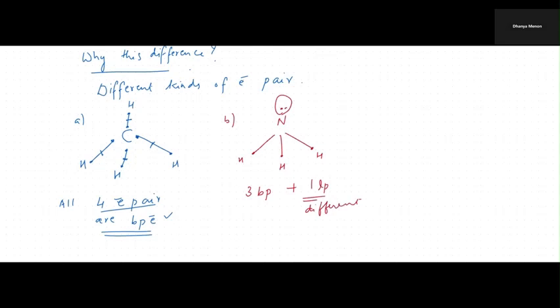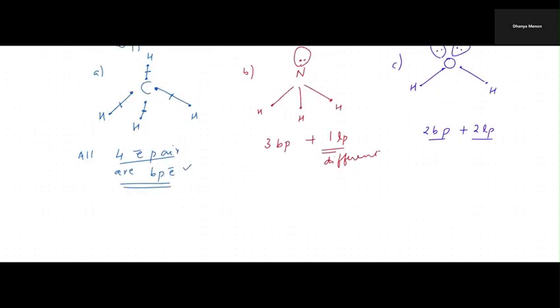Similarly, in case of water, I have oxygen bonded to 2 hydrogen atoms, 2 bond pairs, plus 2 lone pairs. So these are different kinds of electron pairs.